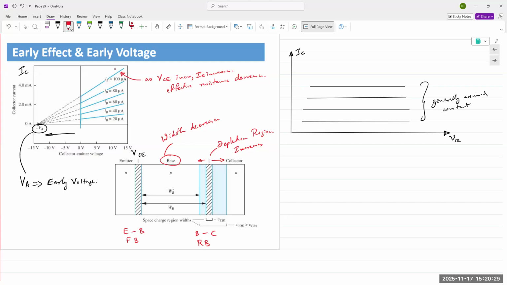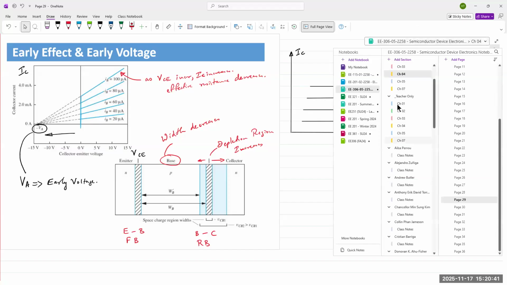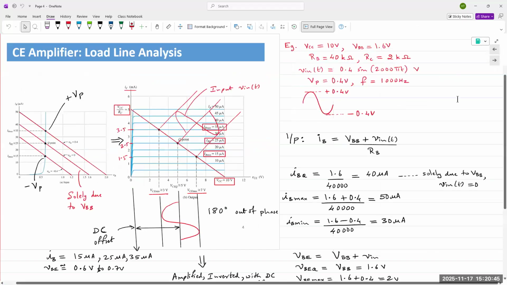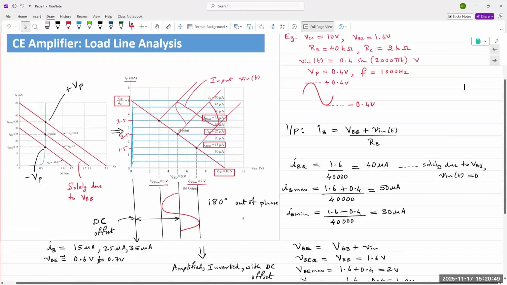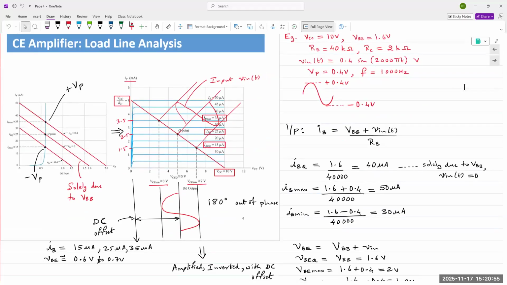Any questions? Okay. All right. Let's go to chapter 7, and I want to take just a small pause here because we rushed through this at the end of last class on Friday.